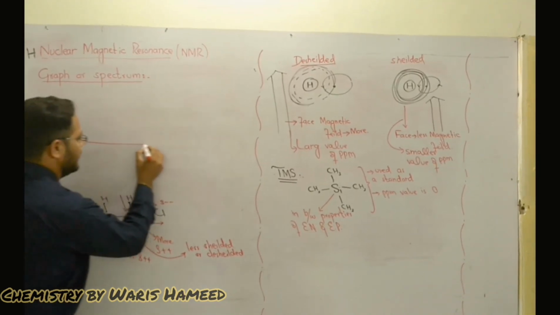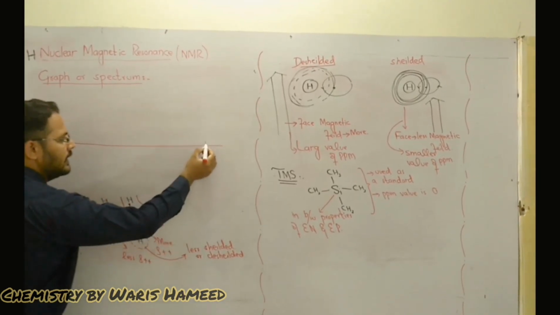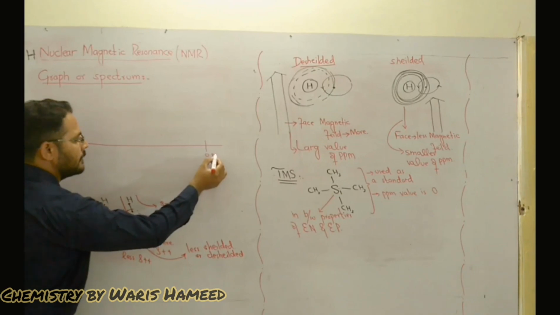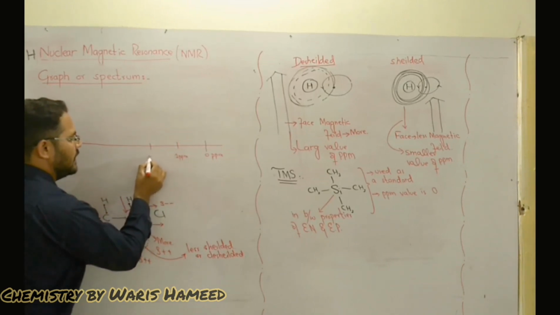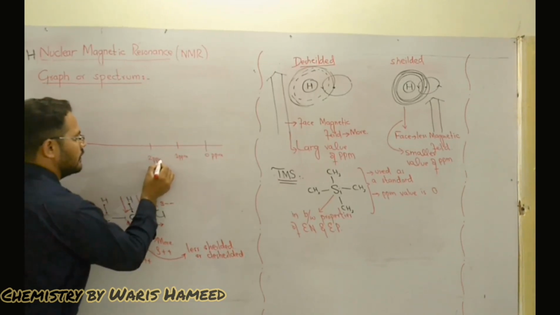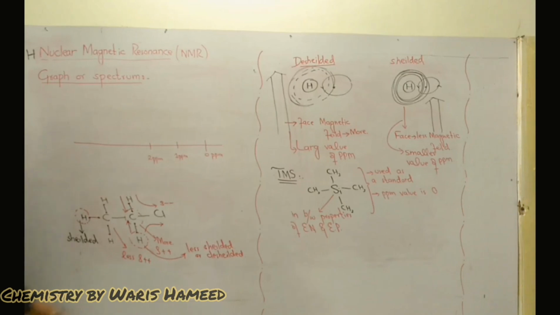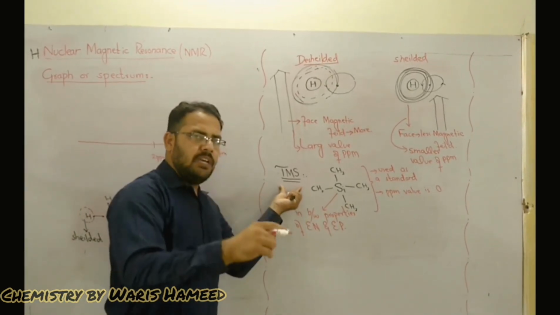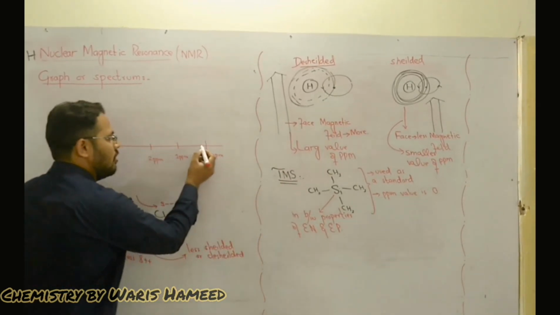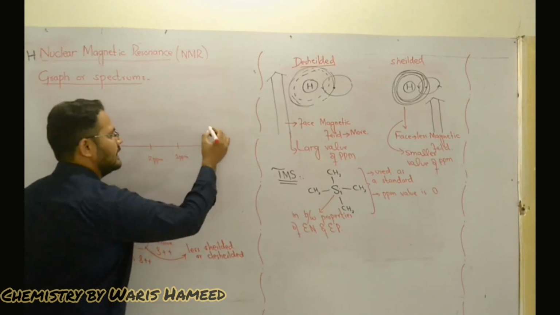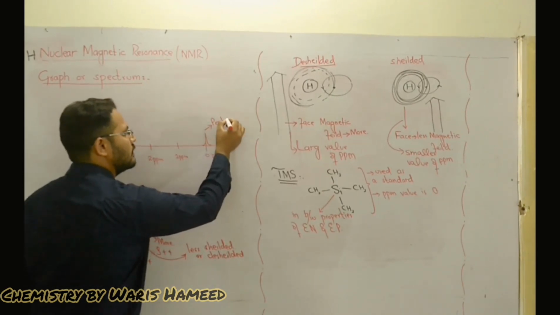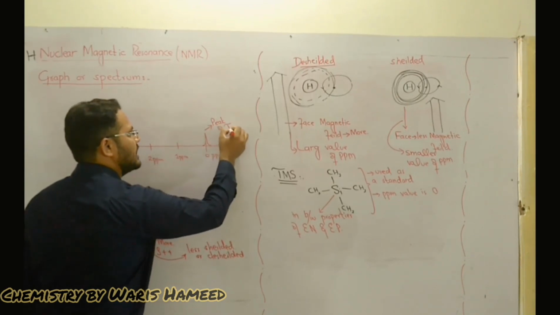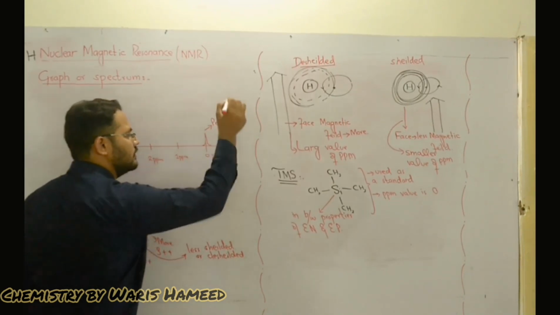Suppose it's the line and here is 0 ppm, here is 1 ppm, here is 2 ppm, and so on. The first peak will be on 0 ppm and it's the peak of TMS, tetramethylsilane.